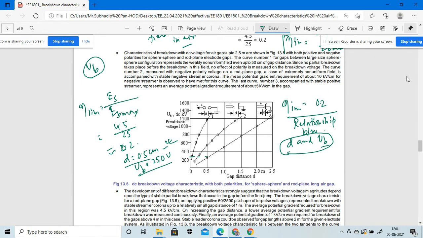When I increase the gap distance, the value of U_b is also increased, say to 400 volt. That means the breakdown voltage is directly proportional to d. Whenever we increase the gap distance, the value of U_b will increase.